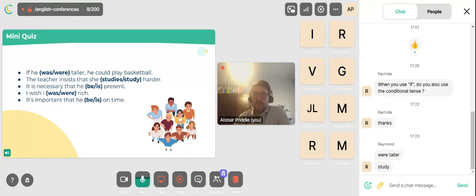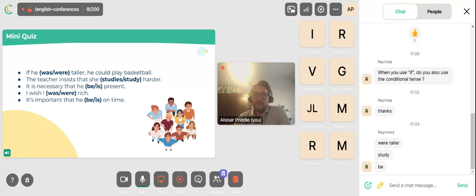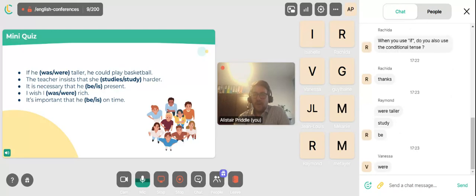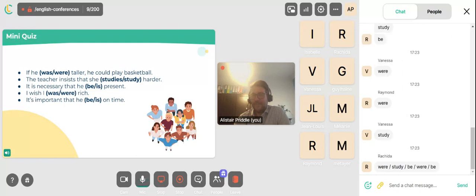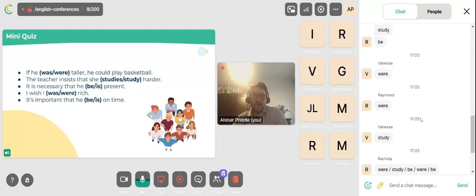It is necessary that he be or is present. I wish I was or were rich. It is important that he be or is on time.